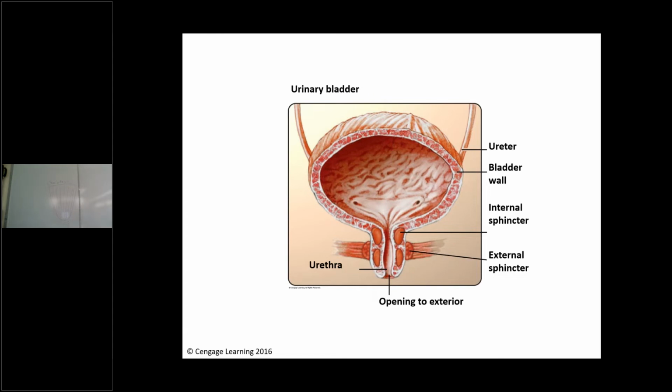See how there are folds present within? Those folds allow your stomach to expand. Well, these are also present within the urinary bladder, allowing it to expand, right? That's very important and a big deal.